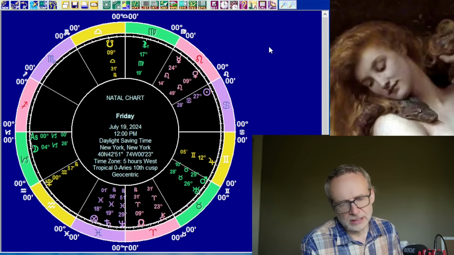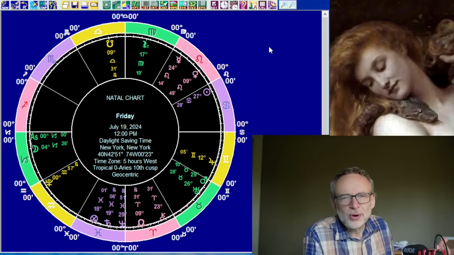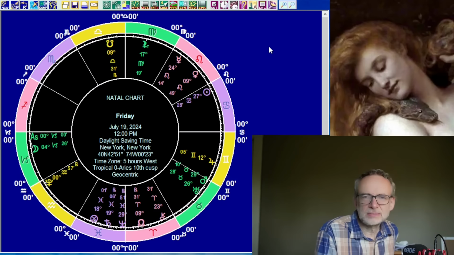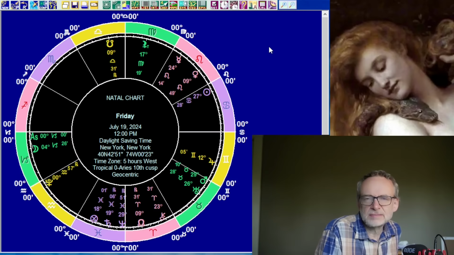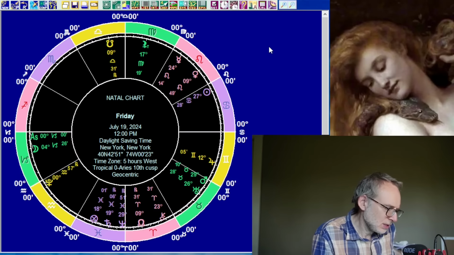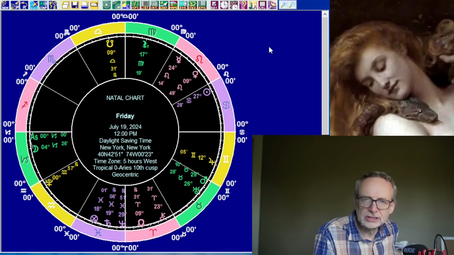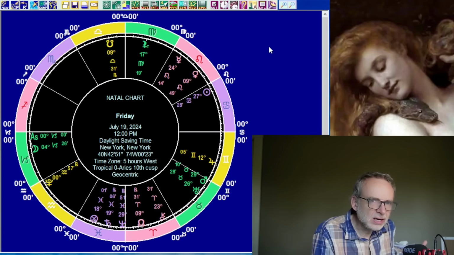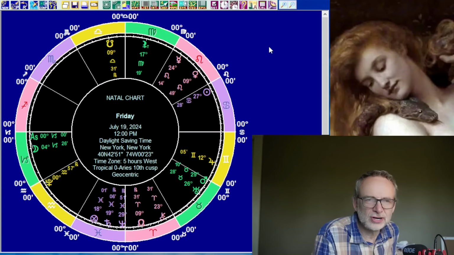If you want to be technical about it, Saturn is aspecting the Mercury Hades midpoint. Mercury is the planet of communication. Hades is about those dark ideas, perhaps criminality, lack of trust, just things going wrong.